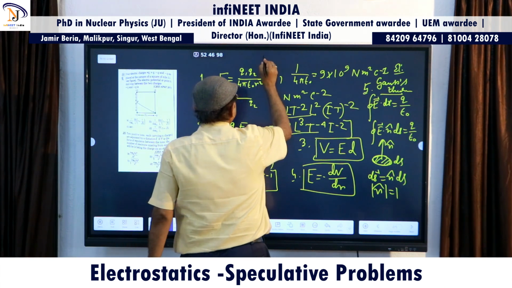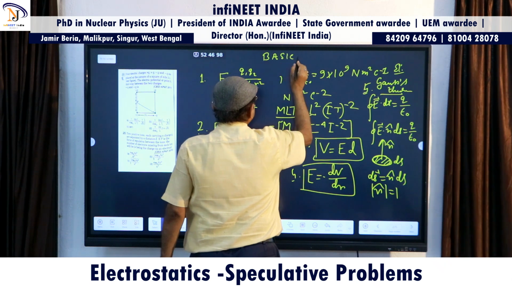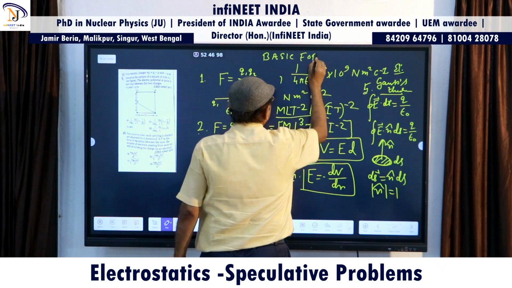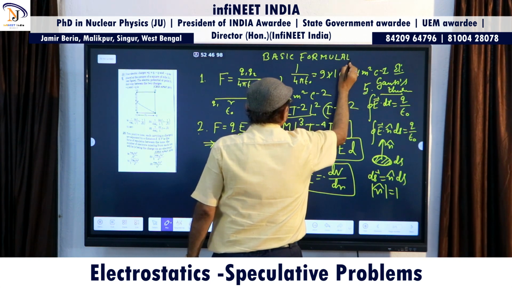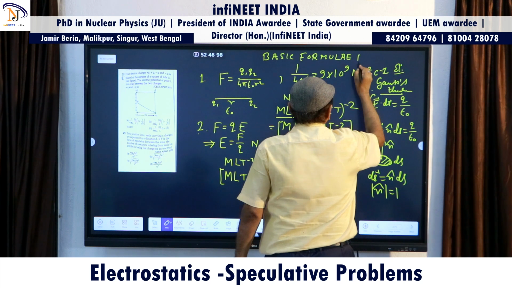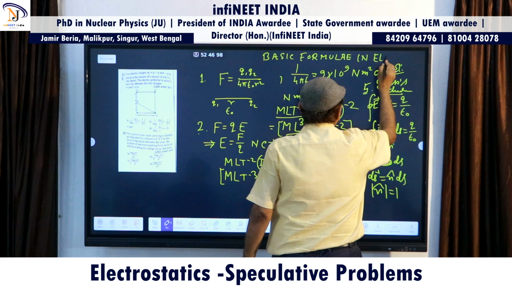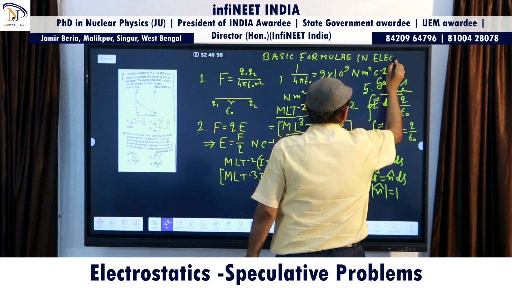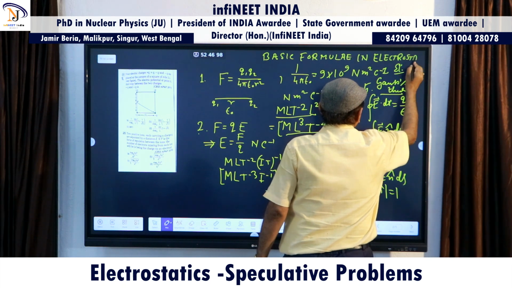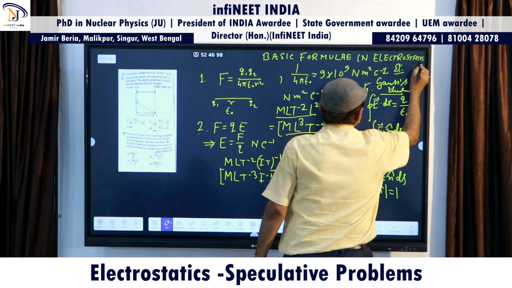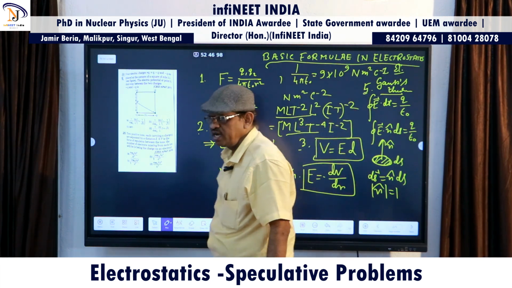These are the basic formulae in electrostatics. Am I clear?